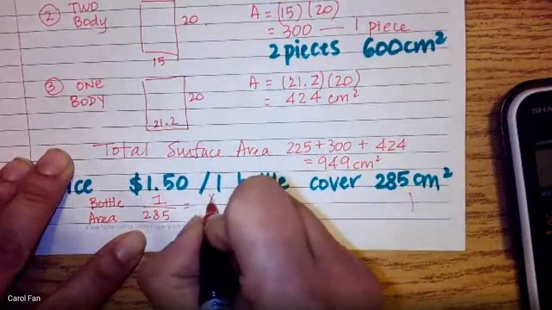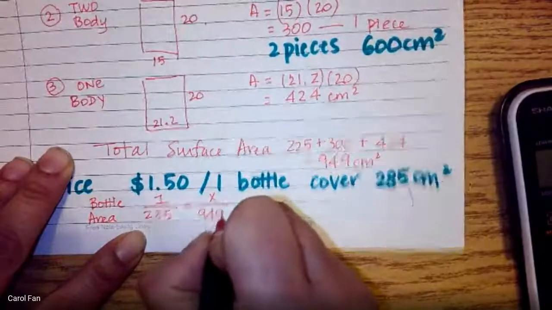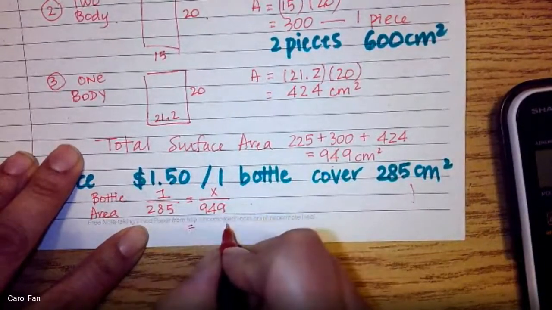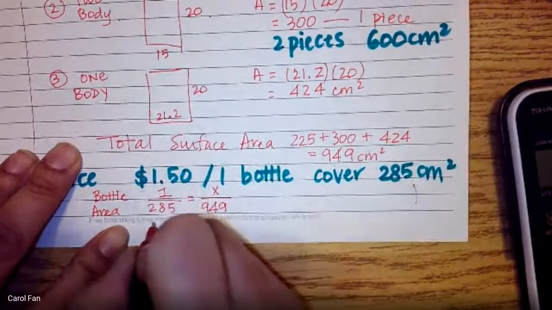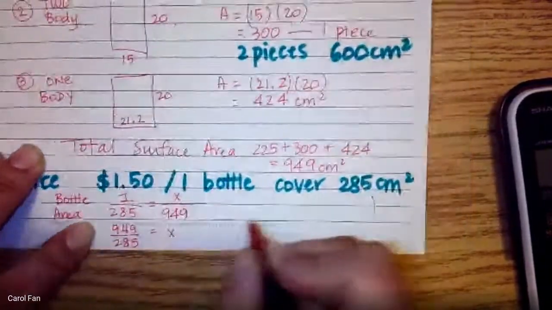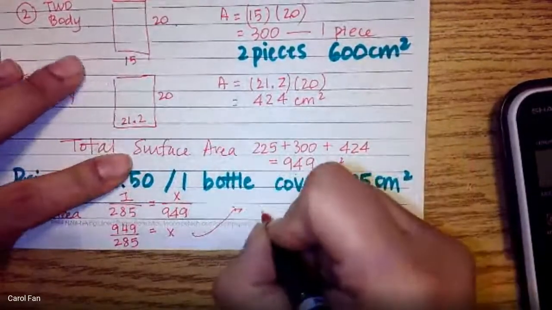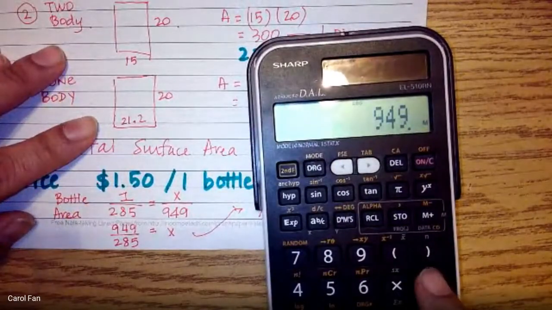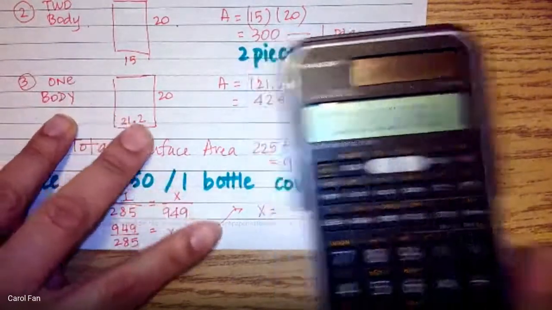How many bottles do I need if I want to cover 949 centimeters squared? We're going to cross multiply to solve for my x. So 949 divided by 285, that is 3.3.